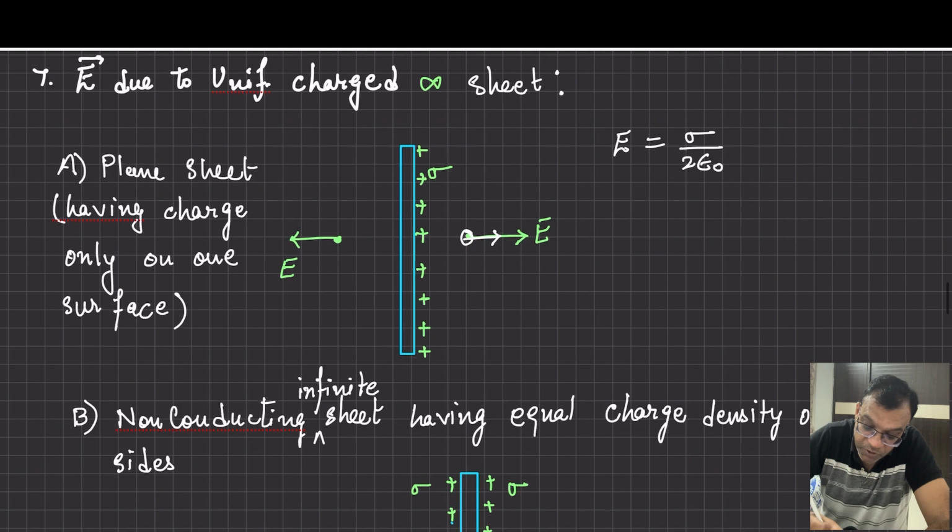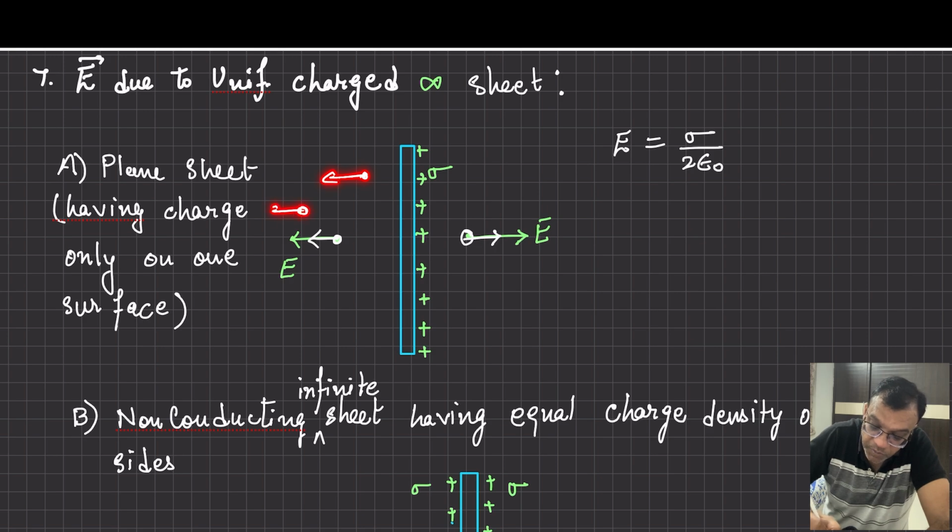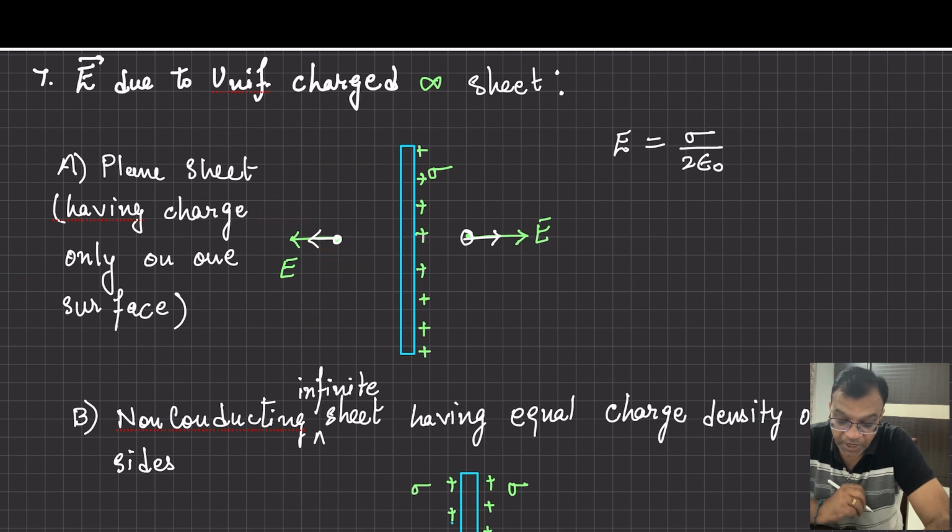On the left side also it is sigma upon 2 epsilon naught. And not only this, electric field intensity at all the points is going to be sigma upon 2 epsilon naught, directed as I have shown. I hope you have understood. Electric field intensity due to infinite plane sheet is sigma upon 2 epsilon naught.